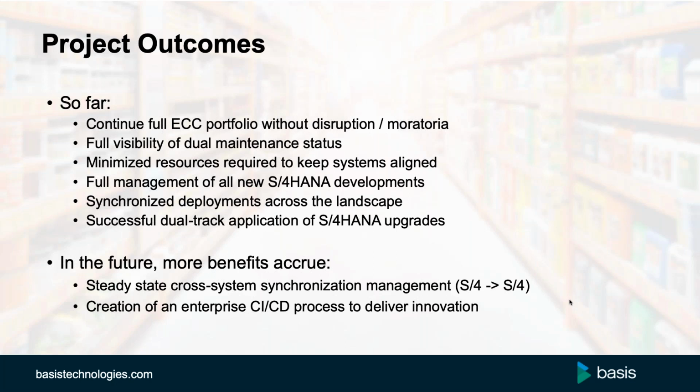To do that with a minimized amount of resources, without having to build their own tools, processes, Excel spreadsheets, what have you, and being able to manage all of the development on the S4 system fully based on new practices and more modern capabilities. A subset of their changes were synchronized from a deployment standpoint, and again, they had the control and the ability to govern and manage that.